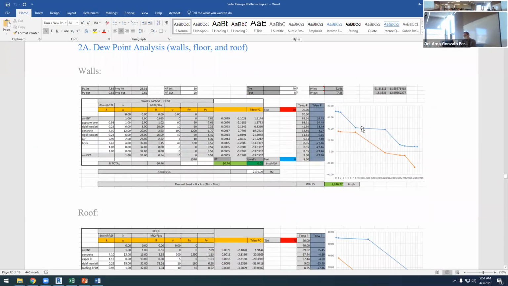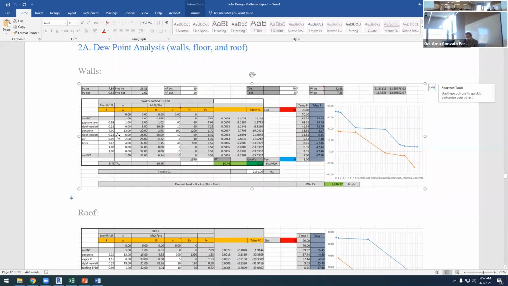There is no condensation risks. I like it. But if I analyze this, there are things that are not, or they are, well, we have the rigid insulation, 0.23, 0.23, 6, 2.